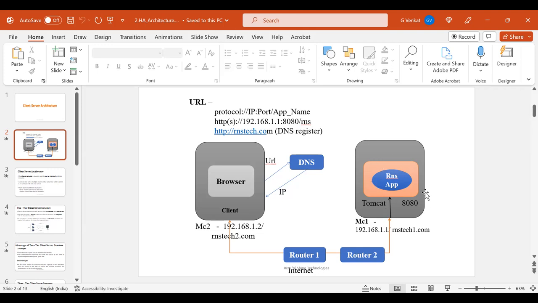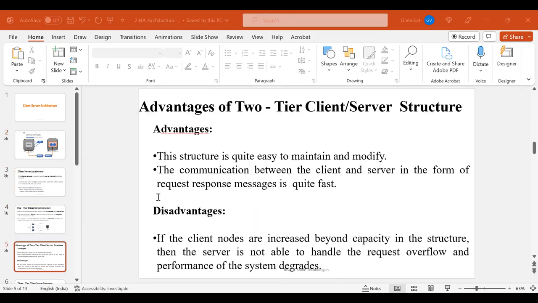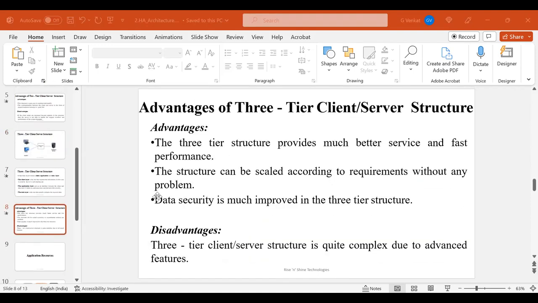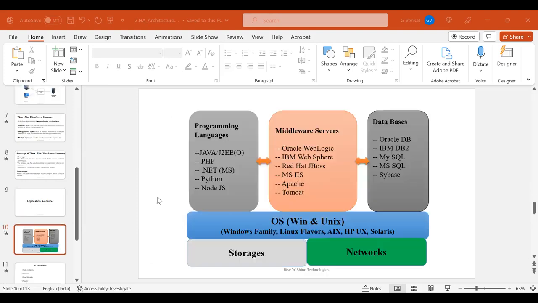Is it high availability? So it is not high availability. What's going to happen is that even if the Tomcat is down because of some issue, or maybe the virtual machine is down, then whatever URL you are using is not available, right?